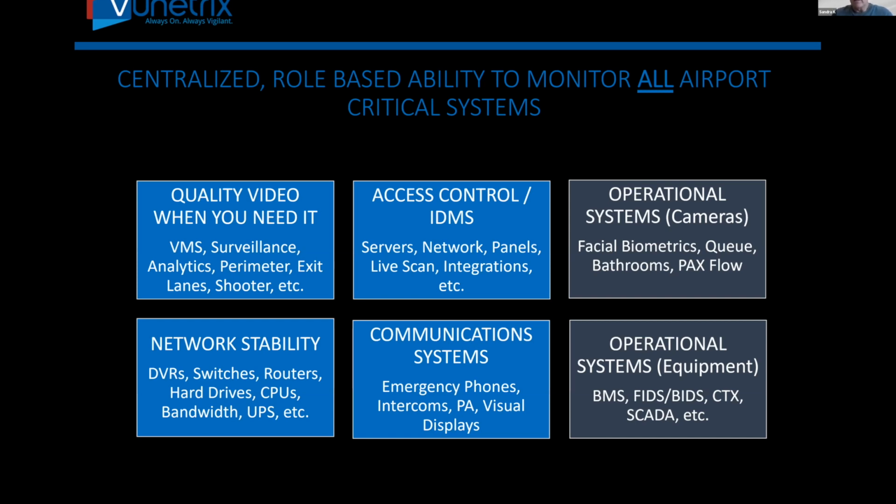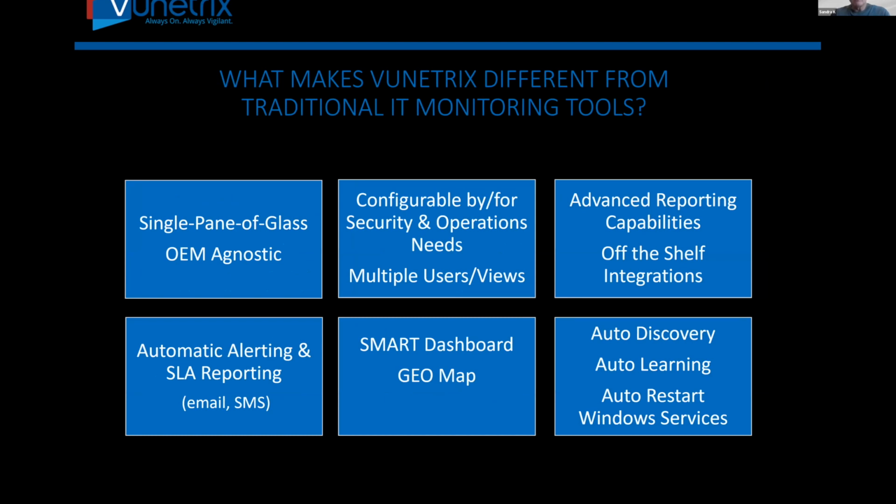And when we talk about this, that sounds like a pretty broad spectrum of things operating in the airport, but this is a configurable user-based or role-based system that allows you to segregate out which pieces of equipment are in the dashboard based on your role. When you log in, you're only going to see what you're responsible for.